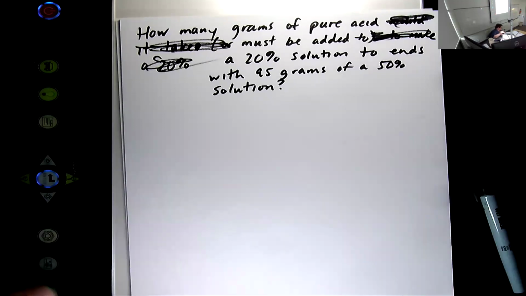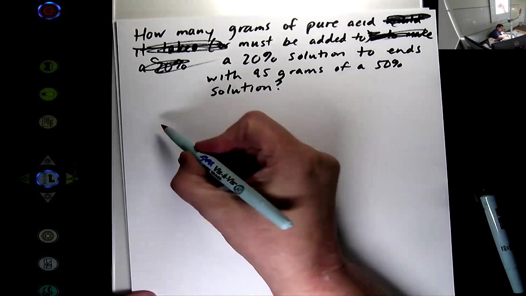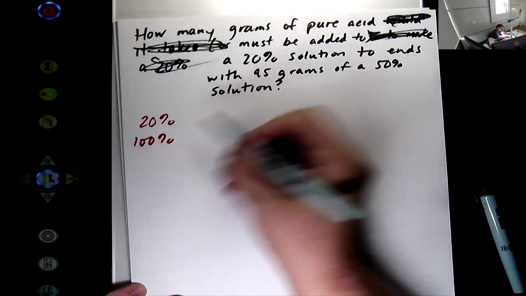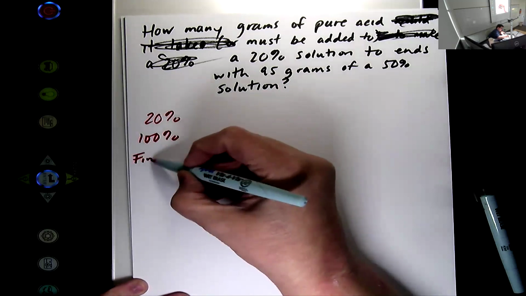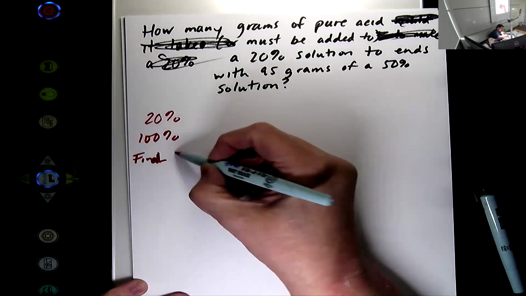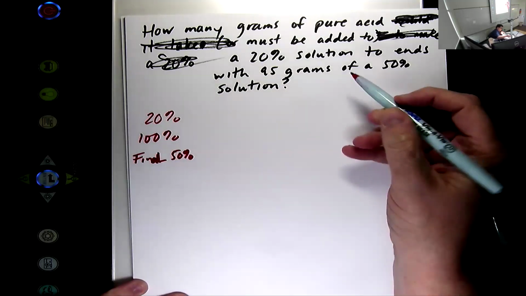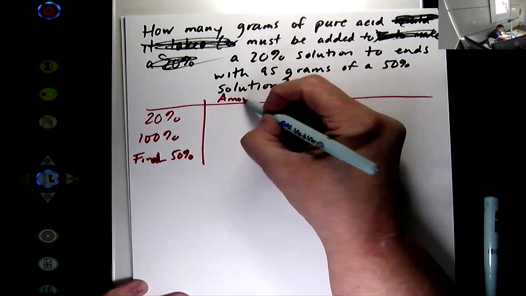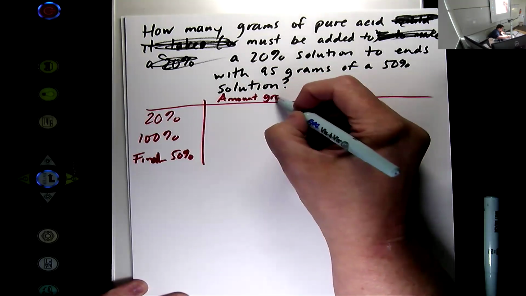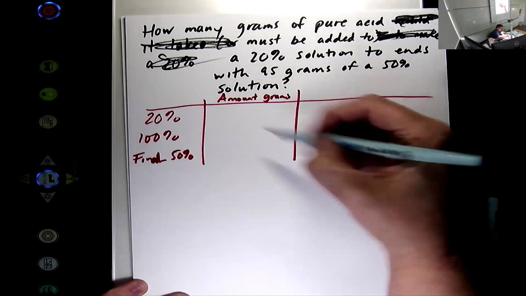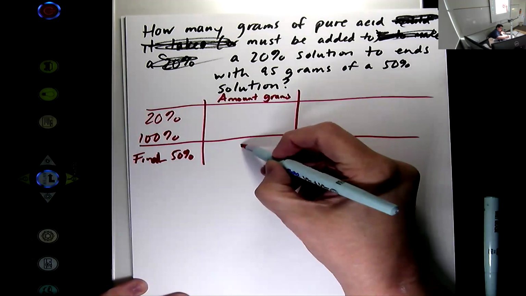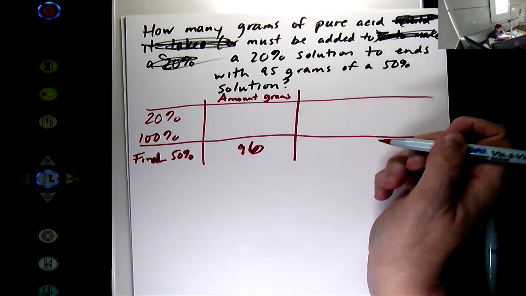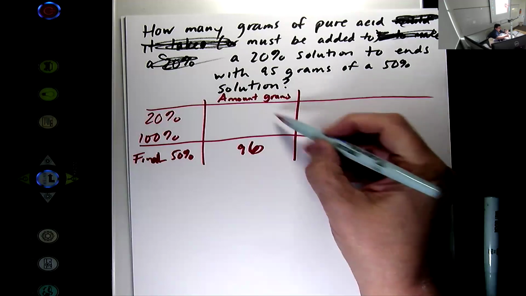Alright, so the idea here is we've got a 20% solution and we've got a 100% solution, and we want to end up with our final solution being 50%. So how much do we have here, amount in grams? The final solution needs 96 grams, and I don't know how much we have of each.